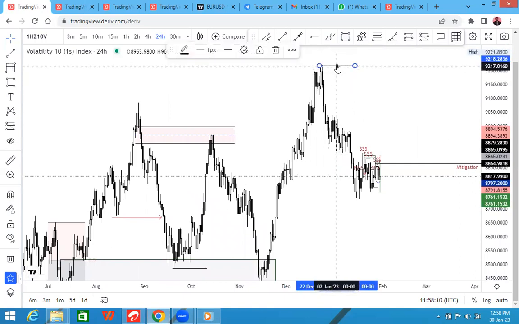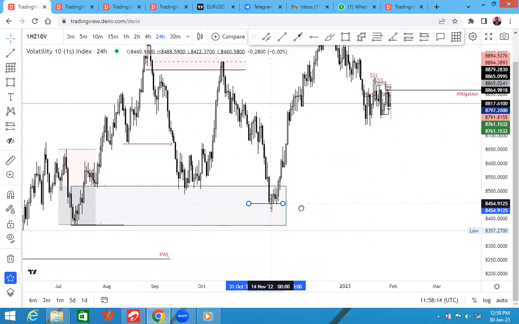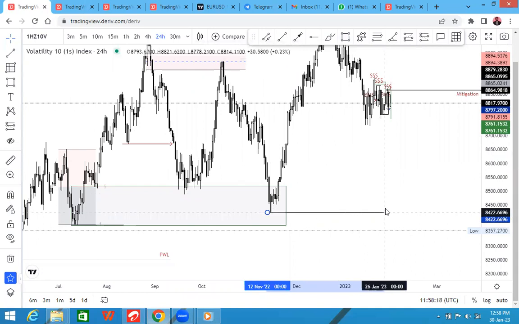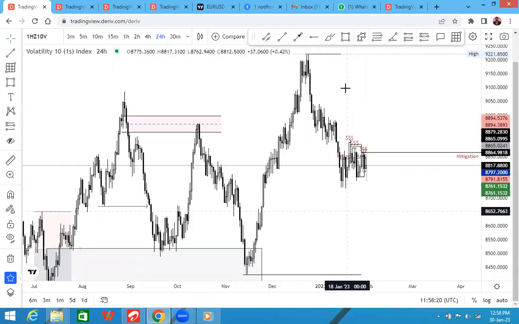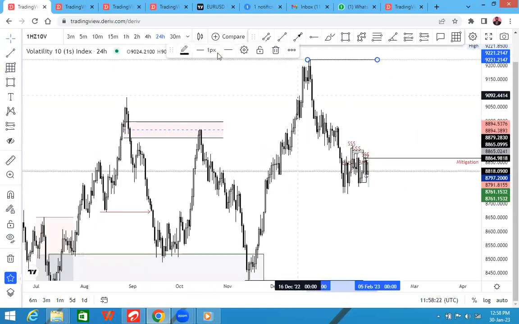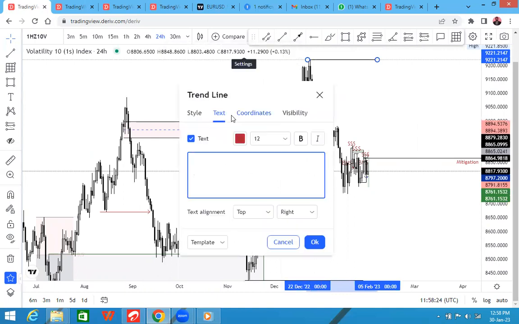So this becomes the range high, and here now becomes your range low. This is most recent low. This is most recent high. So maybe I should put it like that. Most recent.